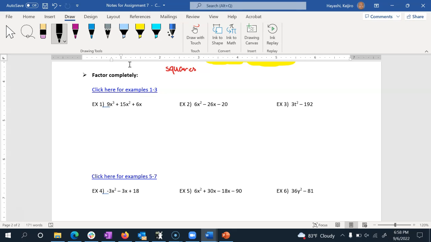Because factoring out a greatest common factor out of an expression like this is going to make all the numbers inside lower. And the lower the numbers are on the inside, the easier they are going to be to work with.